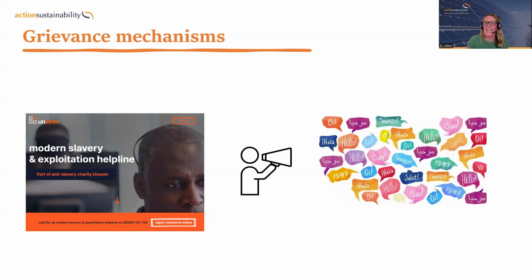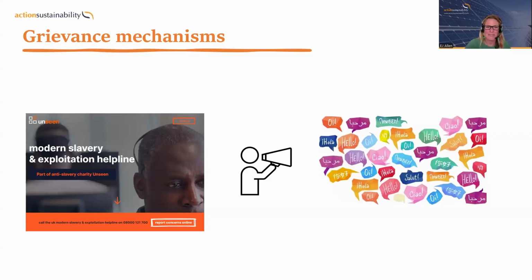So it's about communicating that, making sure people know what the grievance mechanisms are and why they should use them and how to use them. It's also about being set up to respond to concerns that are reported. So we once, a while ago, had an individual from a large organisation call us during a holiday period to say, someone's raised a concern about modern slavery, what do we do now? Make sure you're set up to deal with that as and when it happens.